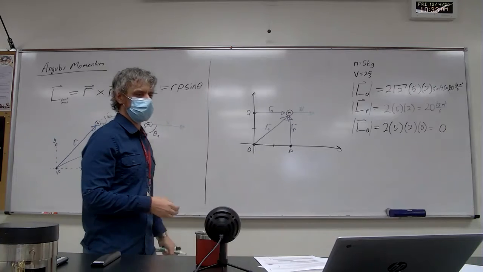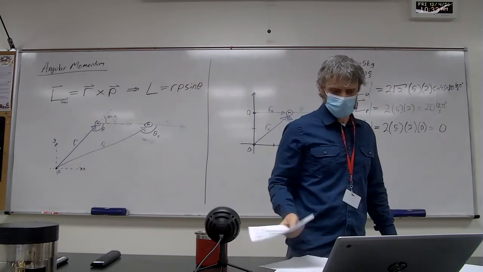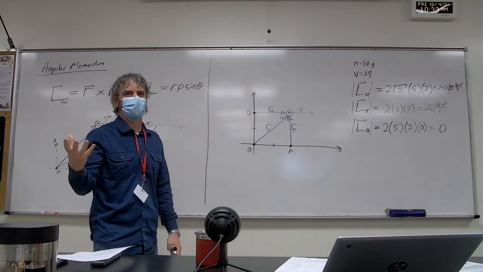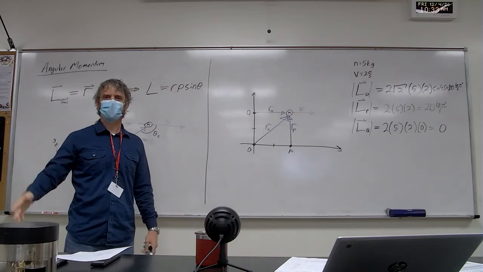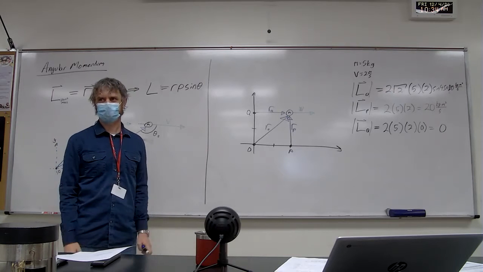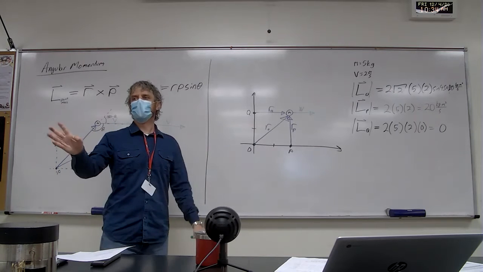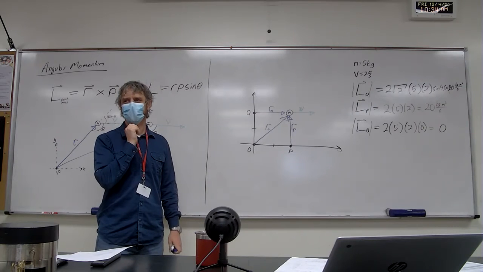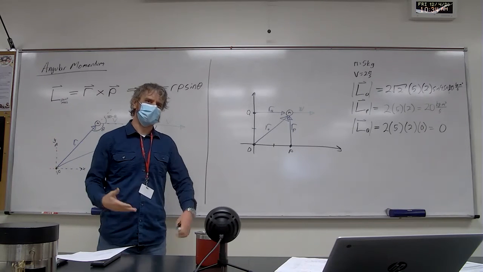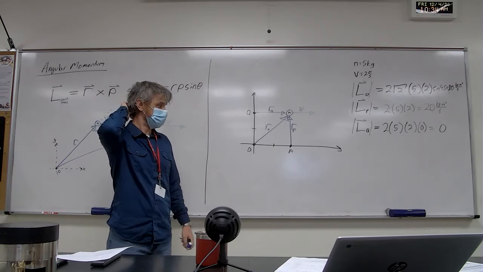This is all angular momentum for point masses. But just like rotational inertia, you start with the rotational inertia of a point mass and then use some sophisticated mathematics in order to determine rotational inertias for extended objects. Right? We're not going to do that for angular momentum. We're not gonna do integrals to figure out the equation. I'm just going to give you the equation.